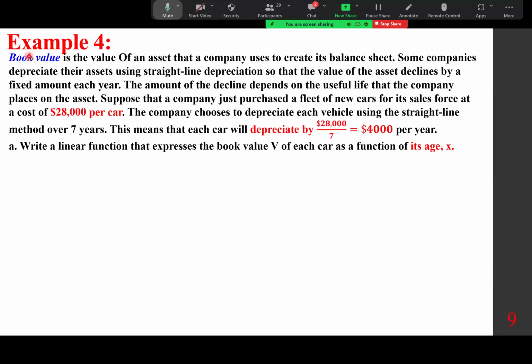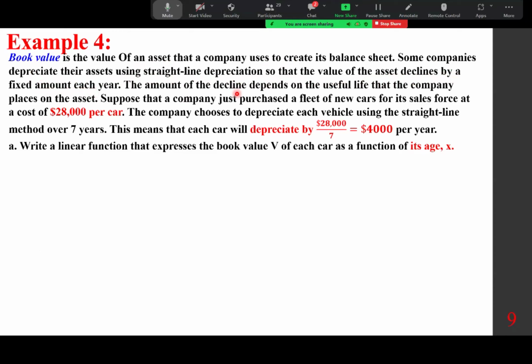Example 4. Book value is the value of an asset that a company uses to create its balance sheet. Some companies depreciate their assets using straight line depreciation so that the value of the asset declines by a fixed amount each year.